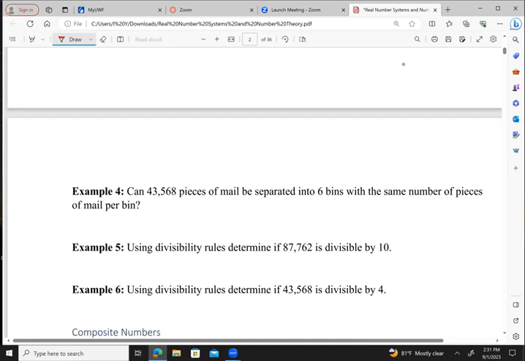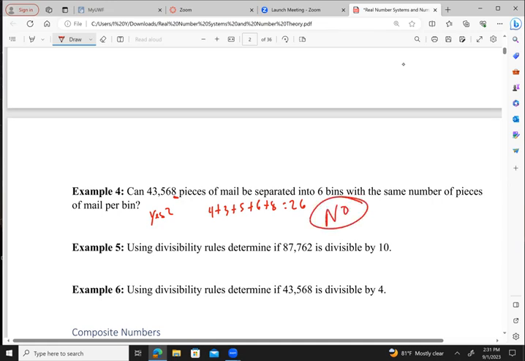Well, is it divisible by 2? Yes. Is it divisible by 3? 4 plus 3 plus 5 plus 6 plus 8, 12, 18, equals 26, which is not divisible by 3. So no.